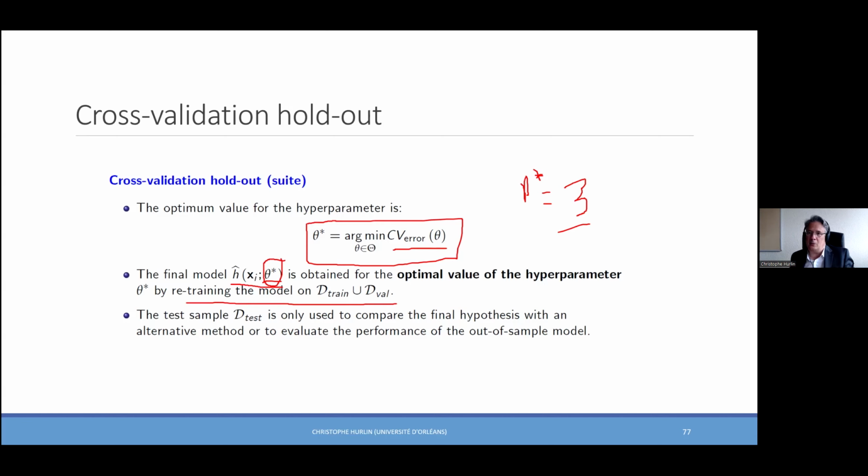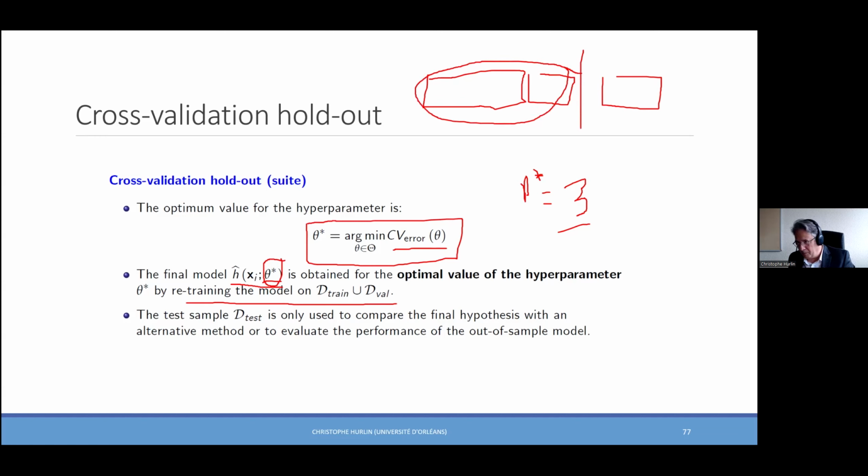So I have the train data set, the validation data set, and here the test data set. At the end, I use all this data to estimate my model. And then I use the test data set to compute my R squared or my MSE or what you want to compare my model to other models, etc. Do you have some question about this holdout cross-validation process?